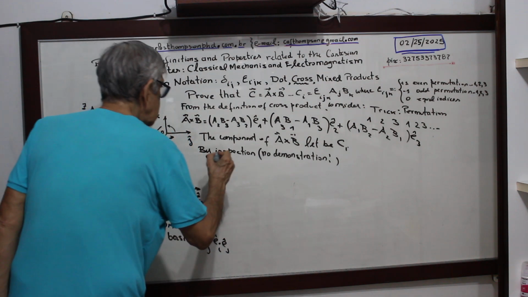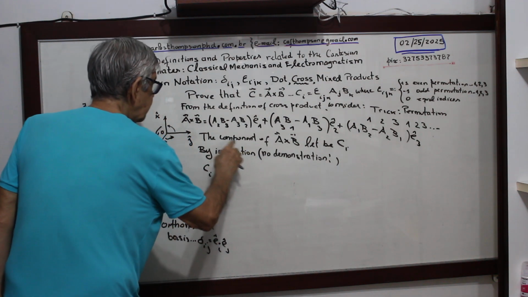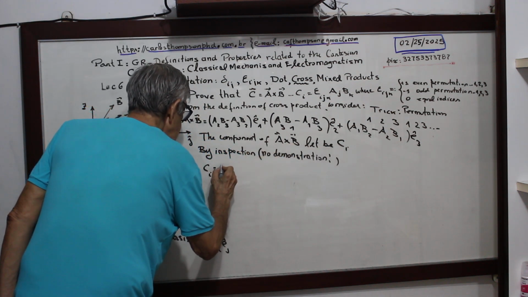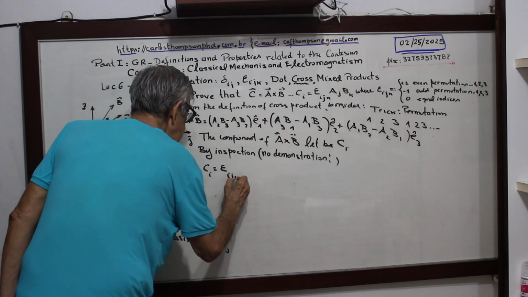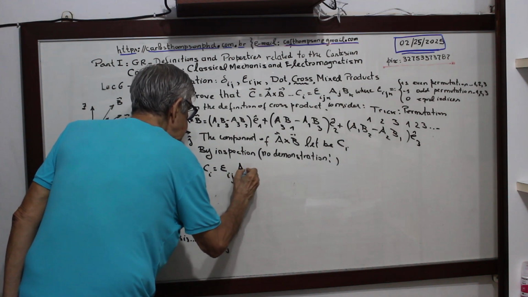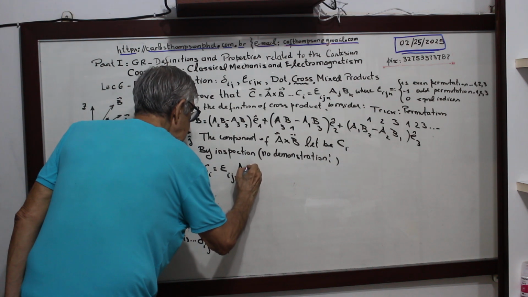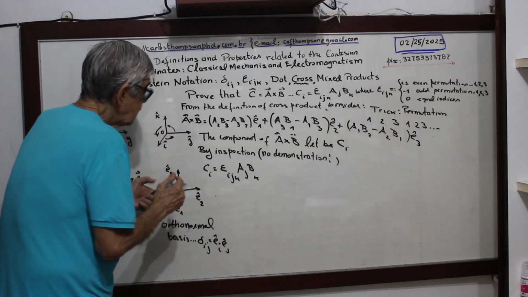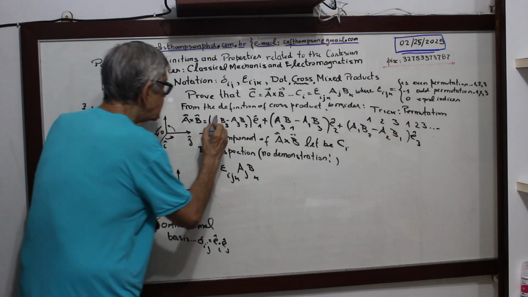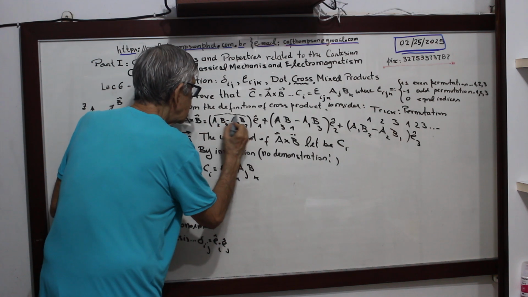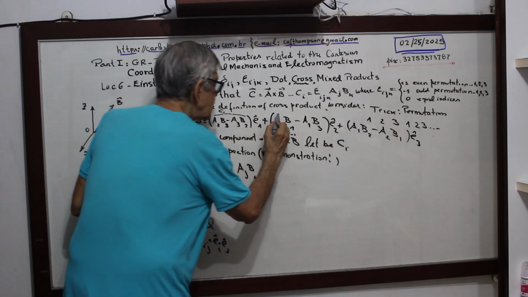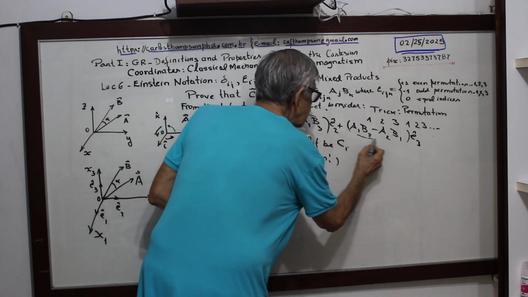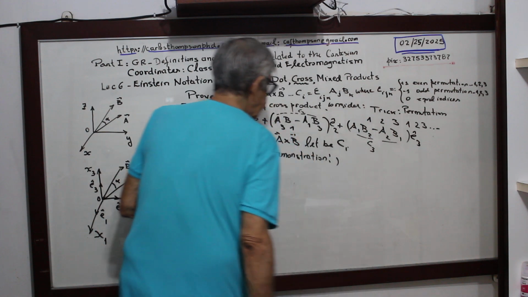I can write CI, you see, the component of this is equal epsilon I jk AJ BK. You see, don't forget that this here is C1. This over here is C2, and this over here is C3.